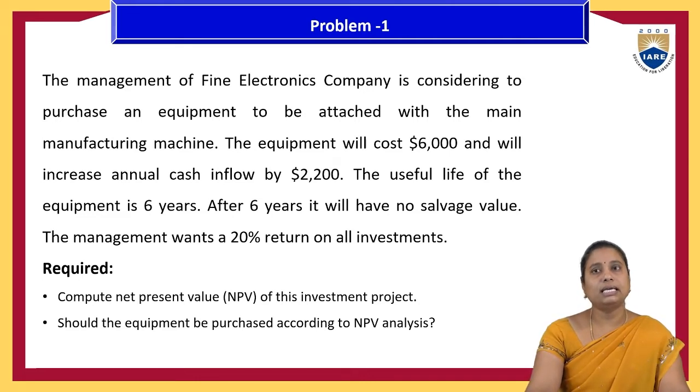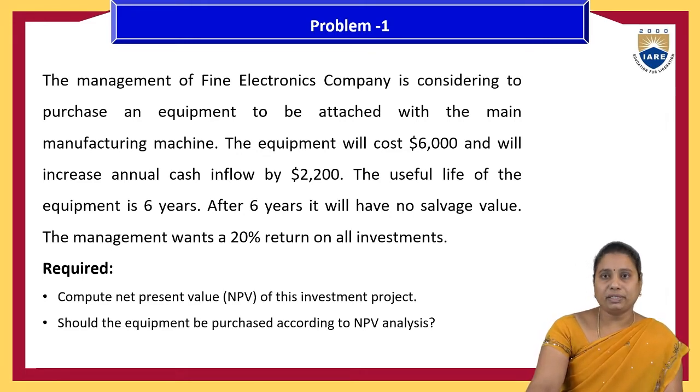After 6 years, it will have no salvage value, and the management wants a 20% return on all investments. Based on this data, we are required to calculate the NPV, the net present value of this investment project, and say whether the equipment should be purchased according to the NPV analysis or not.